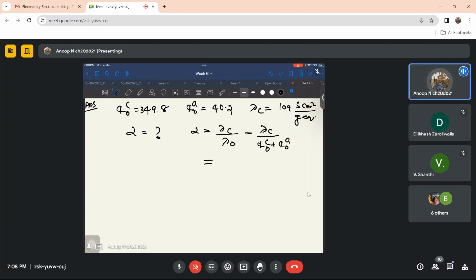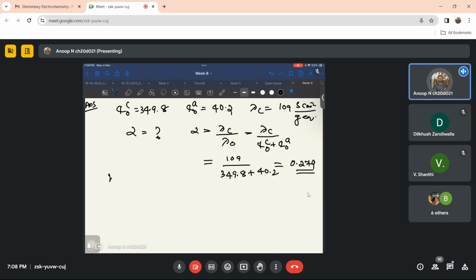So it's a direct calculation. What will be the value? 109 divided by 349.8 plus 40.2. The answer is 0.279. So we got the value.